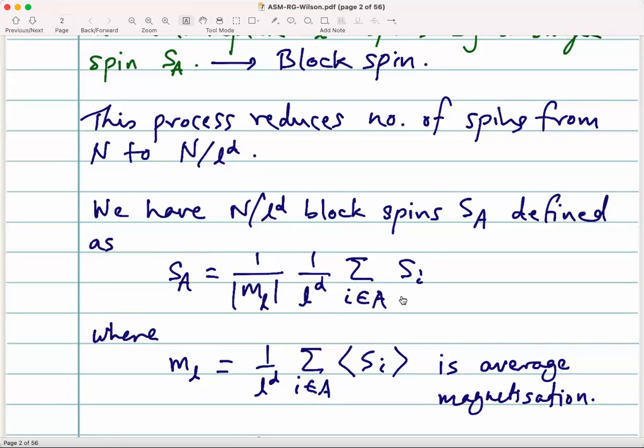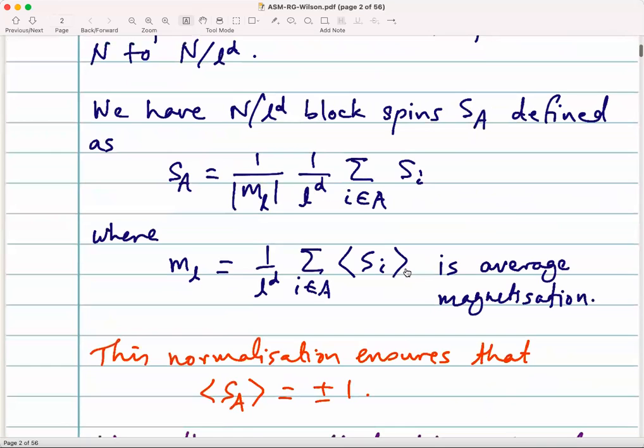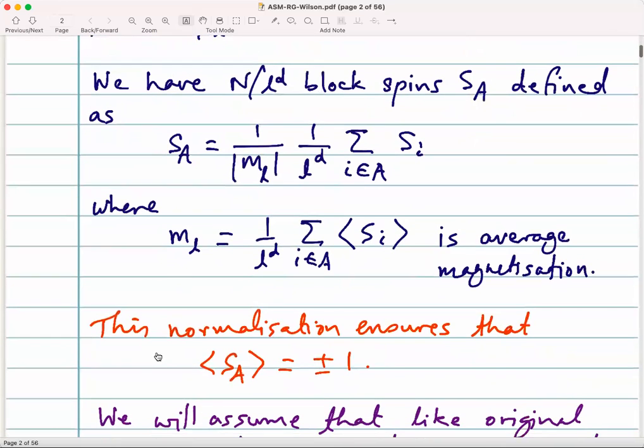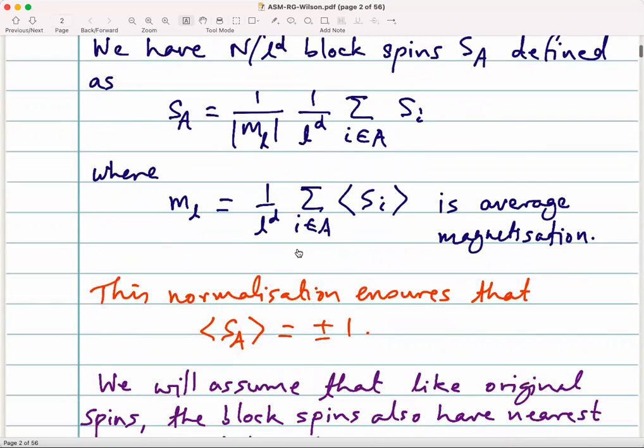If the spins were taking more values like plus 1, 0, minus 1, then S_A also would take plus 1, 0, minus 1. So this is just a normalization to ensure that this number doesn't shoot beyond the limit within which the original S_i were defined. That is the statement that the normalization m_L ensures that the values of S_A are within plus or minus 1.